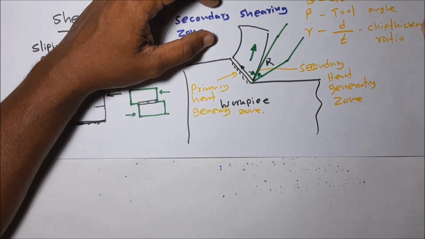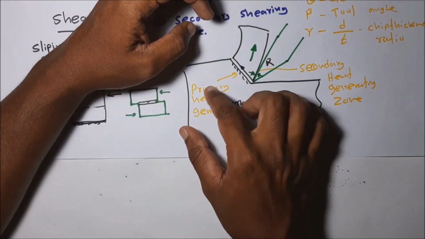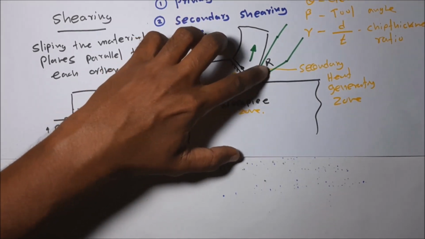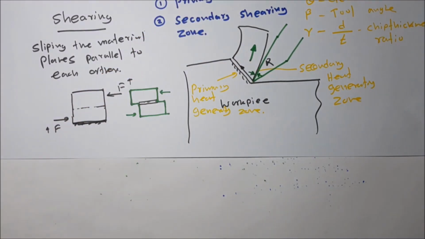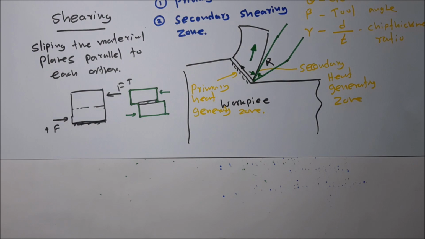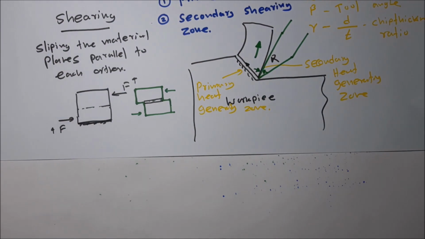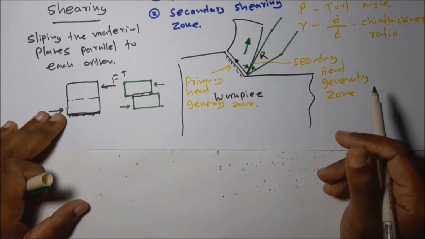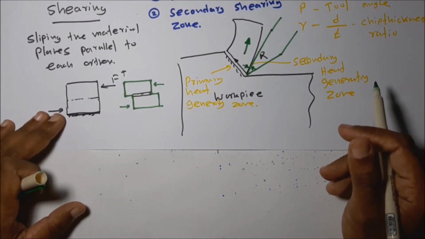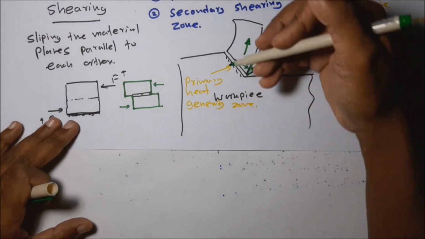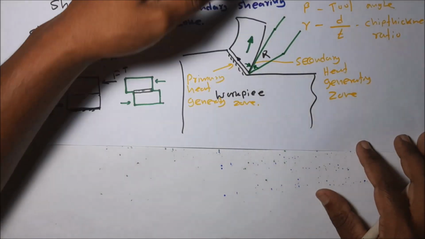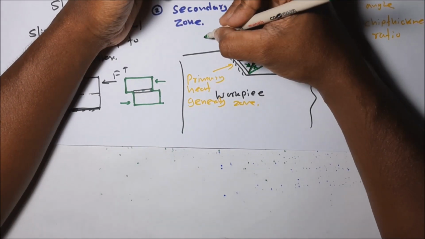So in metal cutting operation, because of this heat generation, the temperature in this region increases. In some situations it reaches the melting point of the workpiece material. That is why the built-up edge is generated in metal cutting operation. To reduce the temperature, coolants are applied.